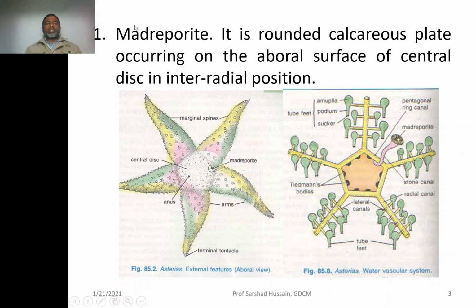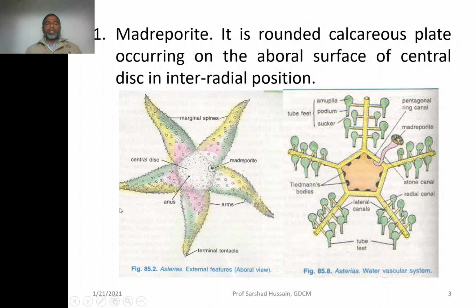Now, let us look at the madreporite. It is rounded, you can see, and it is a calcareous plate occurring on the aboral surface, as I have already told you. This is the central disc of the animal, so it is located on the central disc in an inter-radial position.